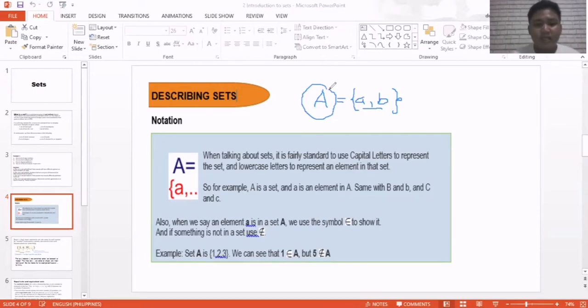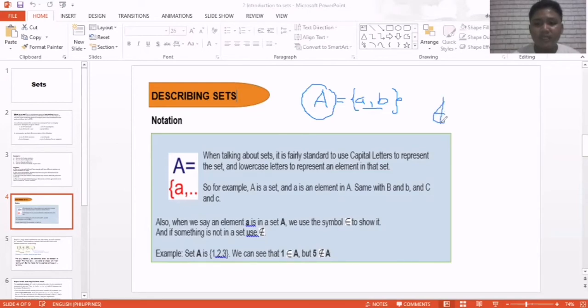Next, for example, A is a set and a is an element in A, along with b and c. When we say element a is in set A, we use the symbol for is an element of. If something is not in set A, we use the same symbol crossed out, meaning it is not an element.